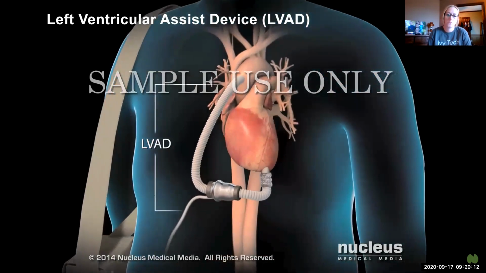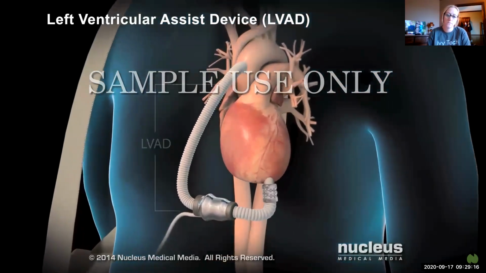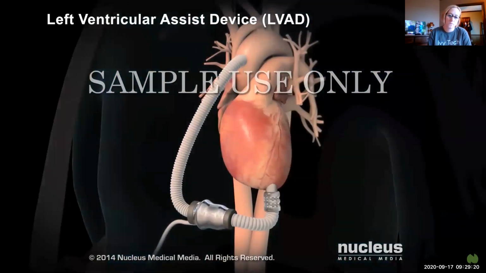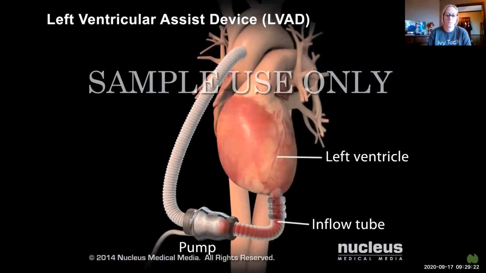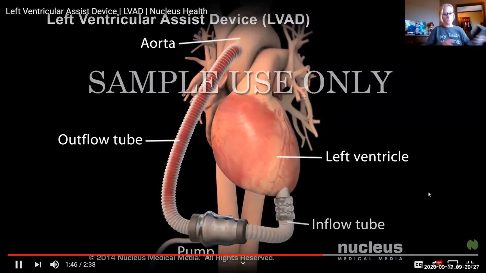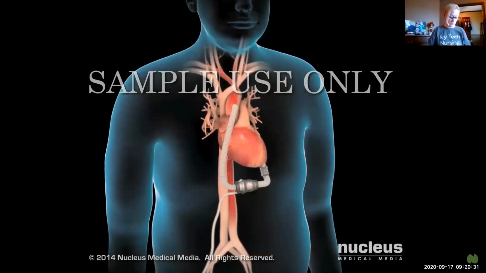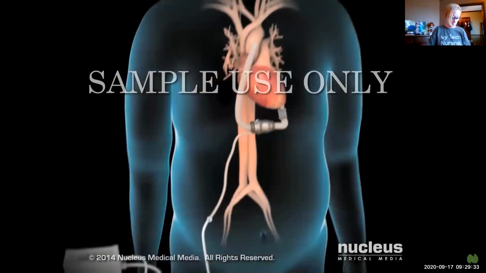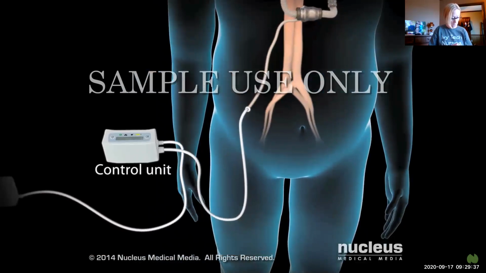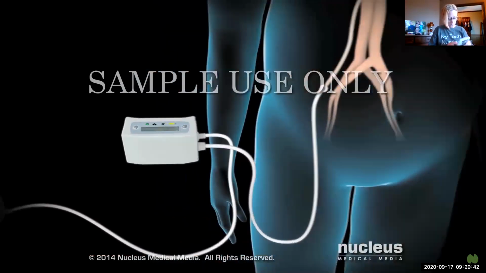An LVAD is a small mechanical pump implanted inside the chest or abdomen that takes over the job of the weak left ventricle. Blood flows from the left ventricle through an inflow tube to the pump. The pump pushes the blood through an outflow tube into the aorta. From here, the blood travels normally from the aorta to the rest of the body. A cable, called a drive line, connects the LVAD pump inside the chest to a control unit located on the outside of the body.